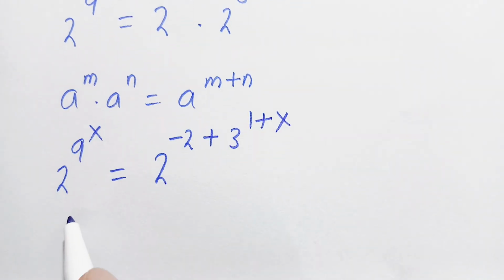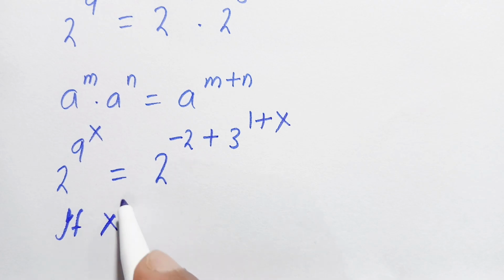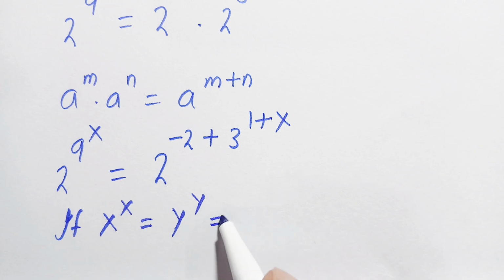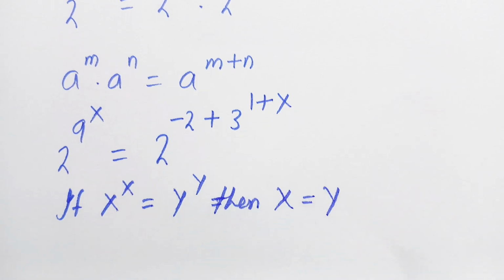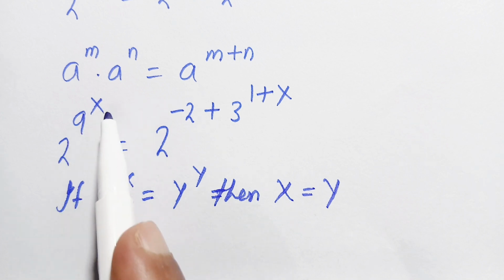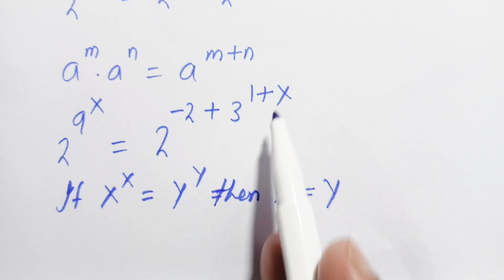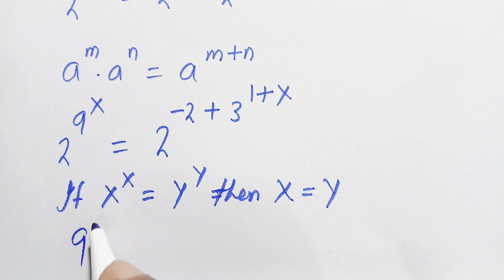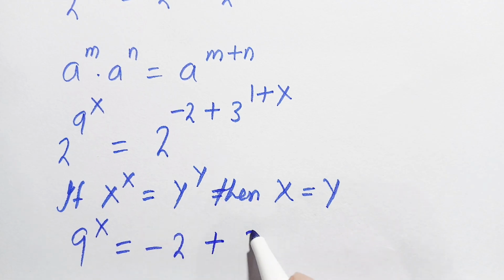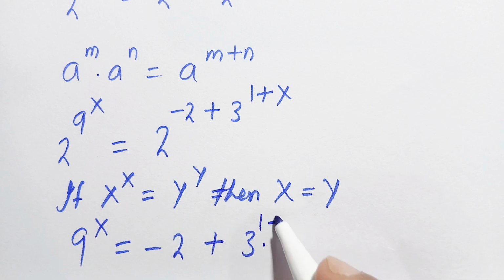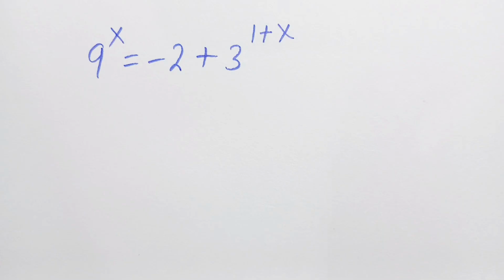As we know that if a^x is equal to a^y, then x is equal to y. Therefore 9^x is equal to -2 plus 3^(1+x).